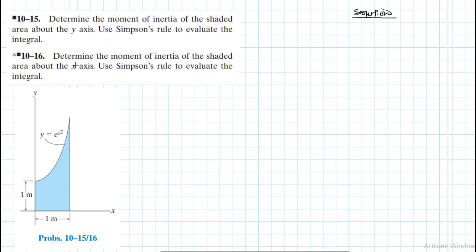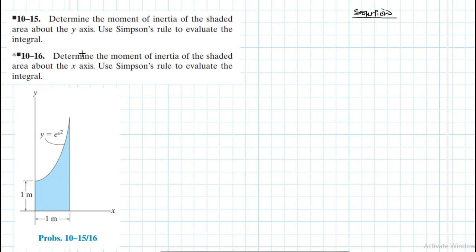Hibbeler. So we are determining the moment of inertia of an area, also called second moment of area, and also called area moment of inertia. They all mean the same thing.